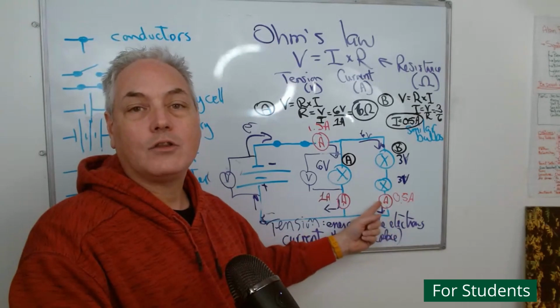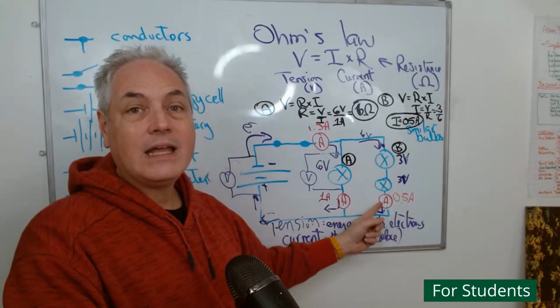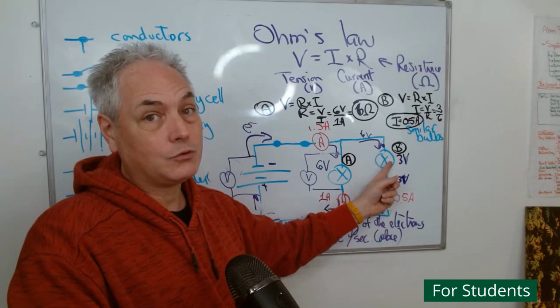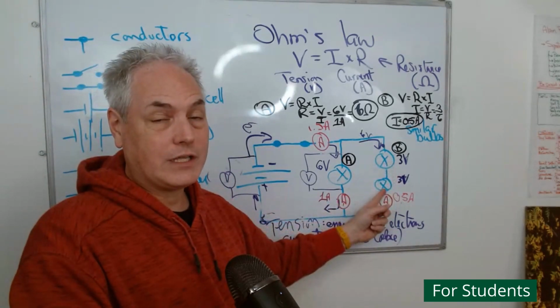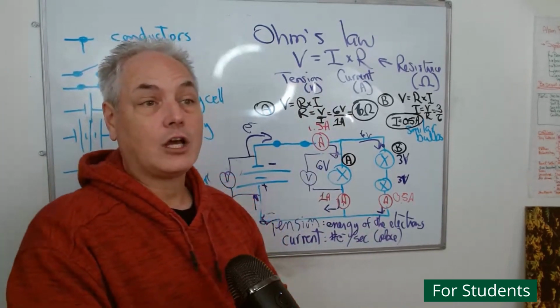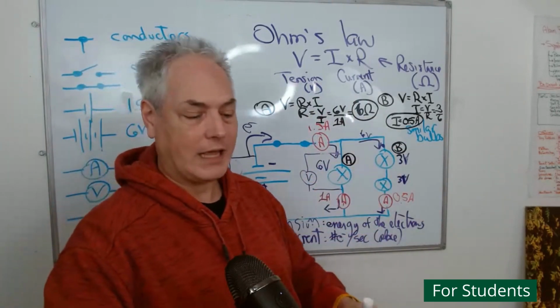That means that the number of electrons will be half as much. And at the same time, it will allow the electrons to give half the voltage here and half the voltage here. And all of this is in line with Ohm's law. And that's interesting because that allows us to get everything together.